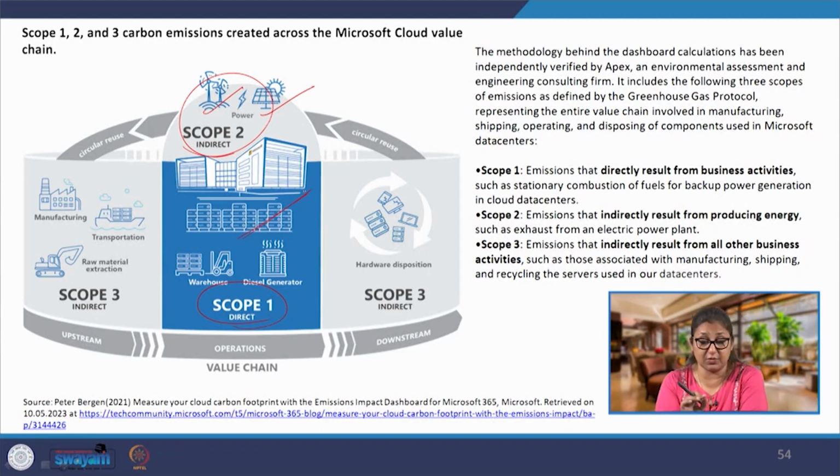So, the data centers for Microsoft Cloud, they have been covered as scope 1 direct emissions, and for a lot of companies, especially the IT companies and the corporates which have huge corporate houses, the buildings, the data centers, all of them and the emissions resulting from them directly, direct emissions, they are going to be part of the scope 1 direct emissions. And then we have, for example, diesel generator, or there might be warehouses where a lot of direct emissions due to machinery, due to different equipment that might be used there will result in scope 1 direct emissions.